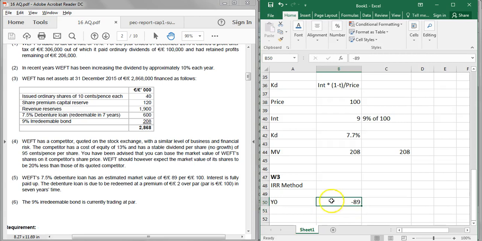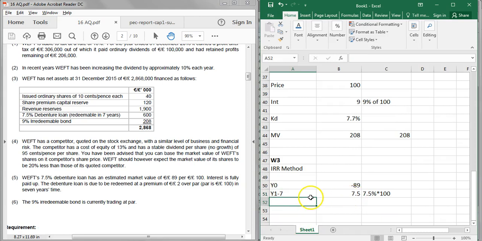If you buy that today, it's 89. In years 1 to 7, because remember it's redeemable, you're going to get 7.5, which is 7.5% times 100, because the par value is 100. You're told that in the question. So each year that you own it, you get 7.5 in.